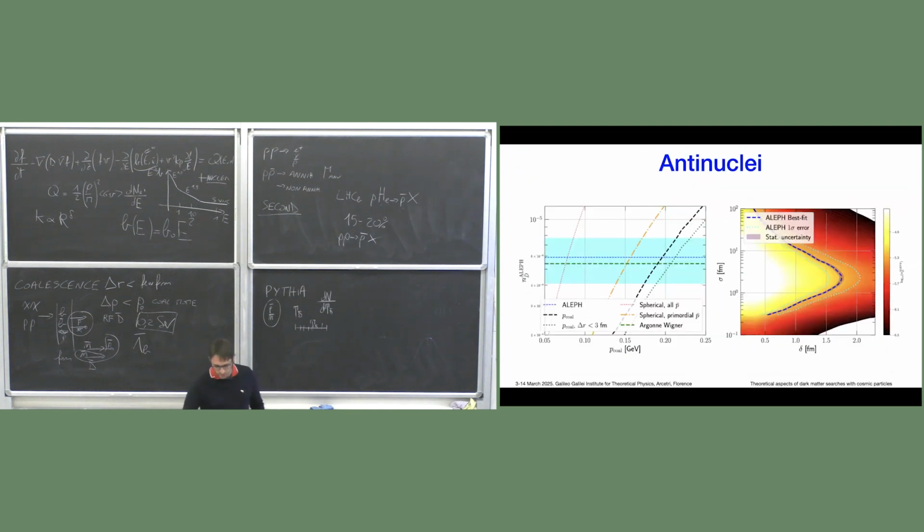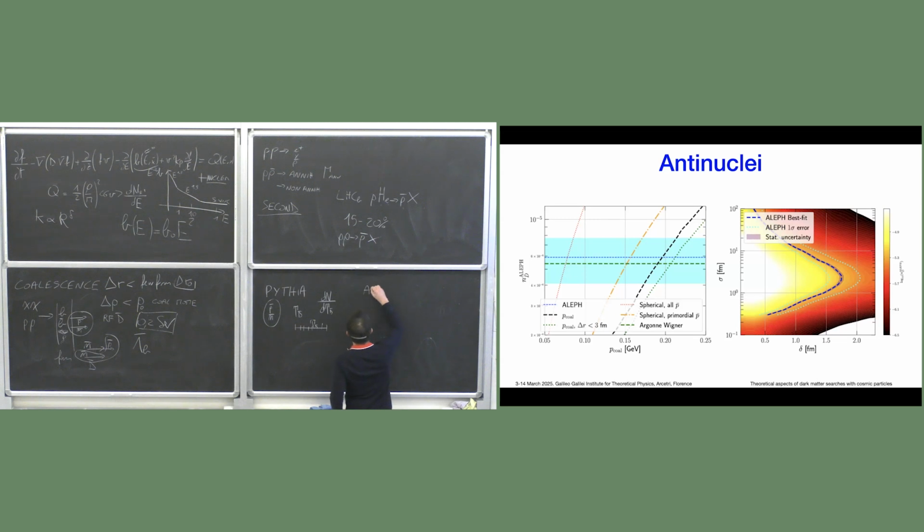Then, in some sense, you have to calibrate your coalescence momentum, and also this minimum distance in size should be calibrated in some way. And we have two sets of data.